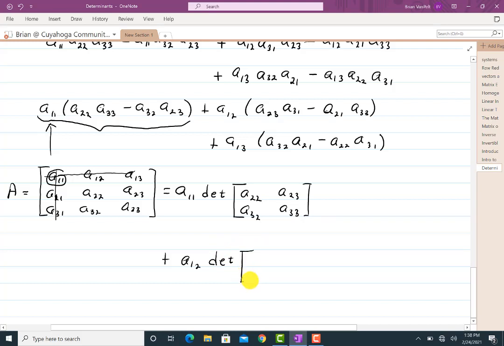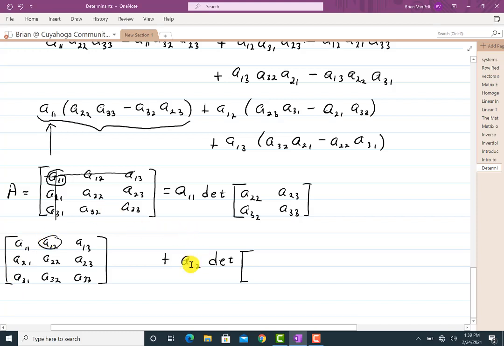For this one, you're going to have to draw the picture again. So let me do my A11, A12, A13. And this time the way you work it is you circle your A12 like I have there.